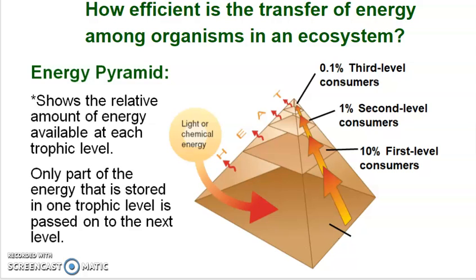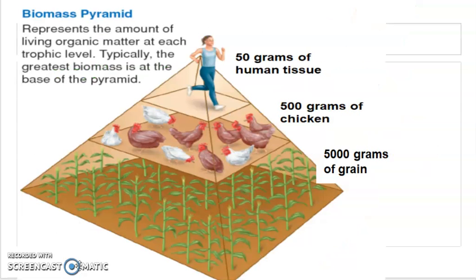Let me give you another example here. If chickens consume 5,000 grams of grain, you will only have 500 grams of chicken.